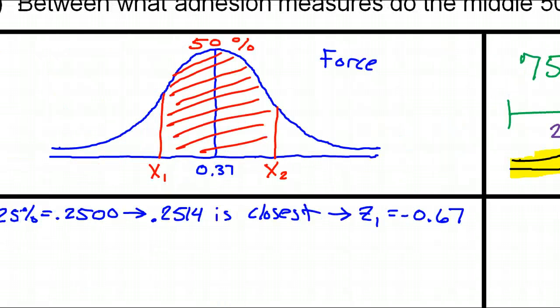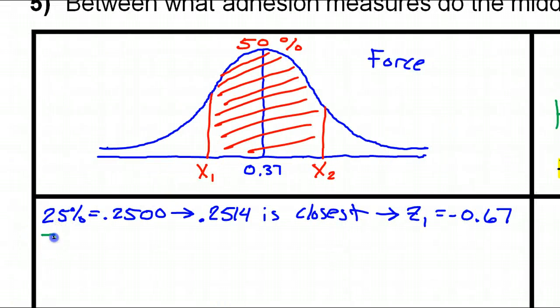So I would have gone 75% equals 0.7500, and I would have looked for the closest thing.